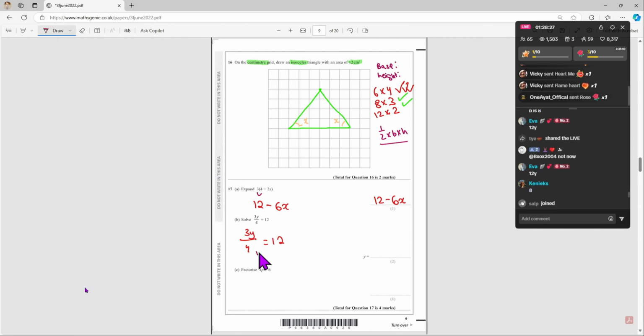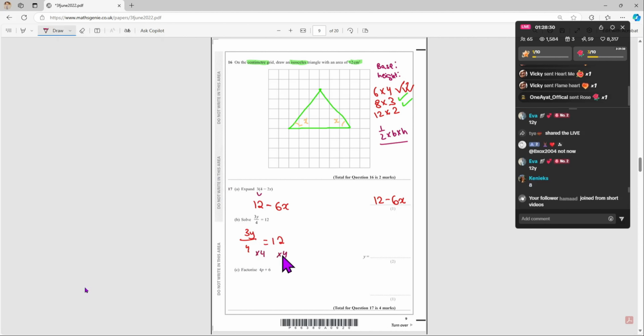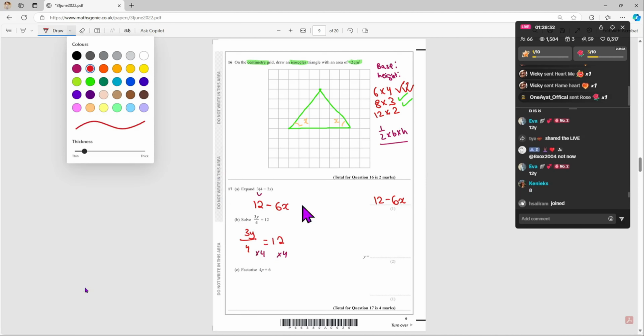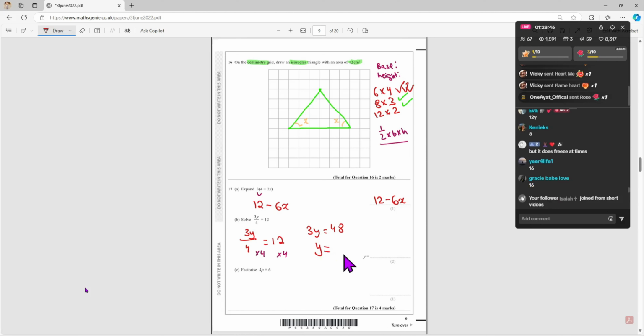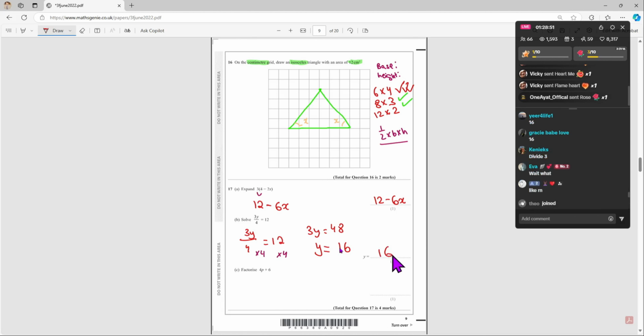First thing you do is you multiply by 4 on both sides, which will give you 3y is equal to 48. So then what is the value of y? The value of y is 16. Well done. Cool.